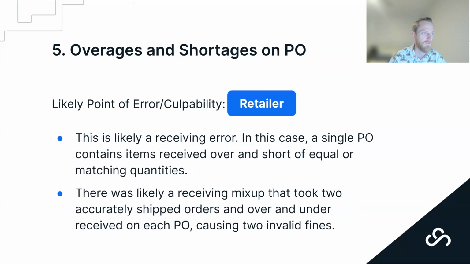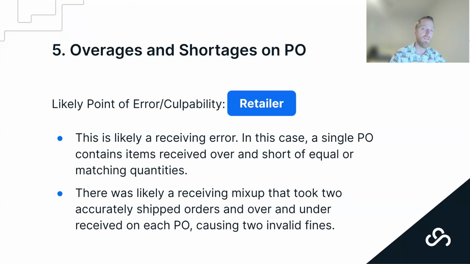And then I touched on this in one of the other root causes, but just to hammer it home, there could be overages and shortages on the same PO. What will happen is the item that was over, Walmart's not going to automatically pay you for the goods that were over. And you likely won't have an invoice for them, especially if it's an invalid receiving error.